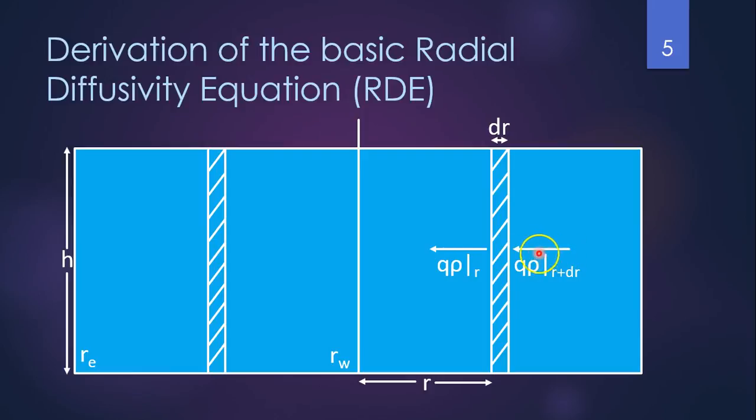So for this radial cell, we will use mass balance. That means mass flow in is equal to mass flow out. So this is q rho at r plus dr, the mass flow into the radial cell, and q rho at r is the mass flow out of the radial cell.